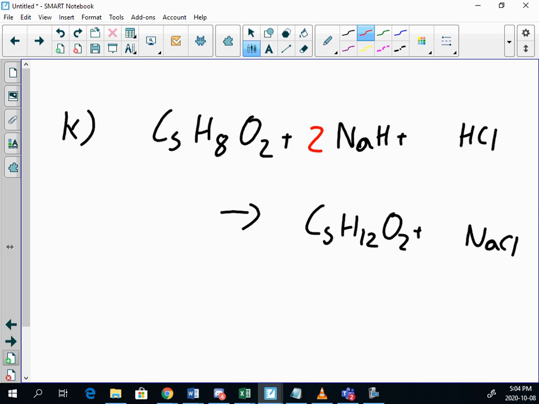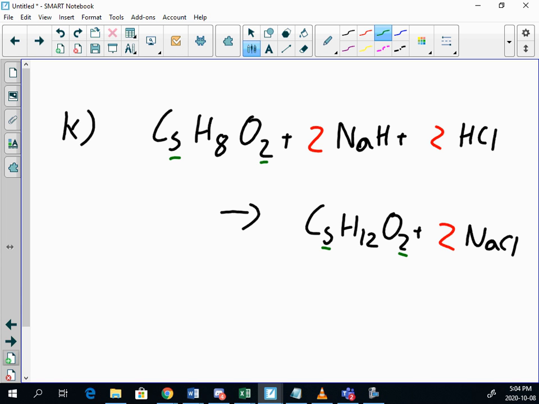The balance is just this. What I needed to look at was the fact that my carbon stayed the same. My oxygen stayed the same.